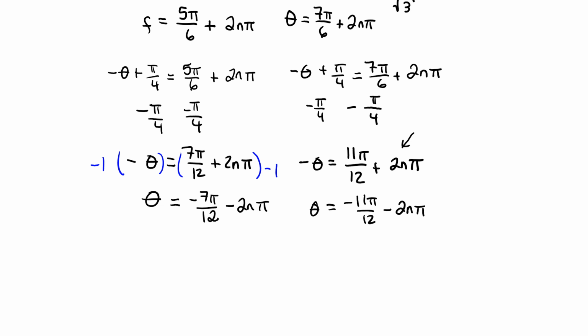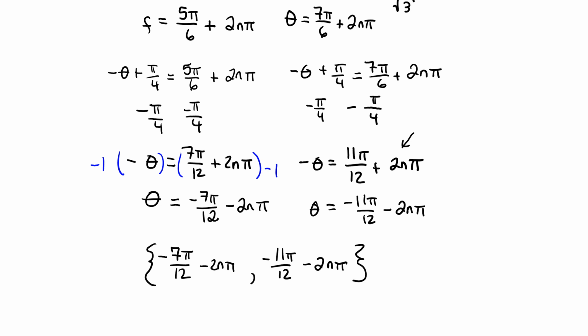So our general solution will be -7 pi over 12 minus 2n pi, comma, -11 pi over 12 minus 2n pi.